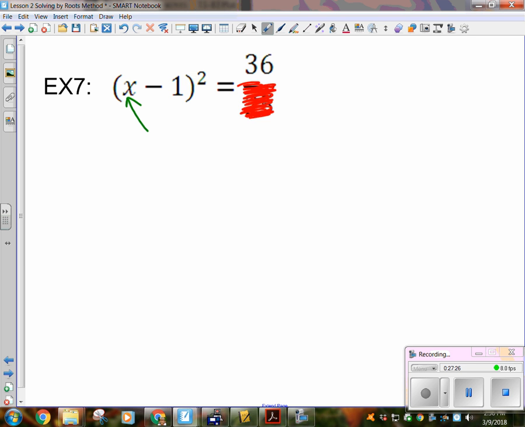I'm going to do the roots method. How do I get rid of the square? Right there. Well, how do you undo a square? What's the opposite of squaring something?